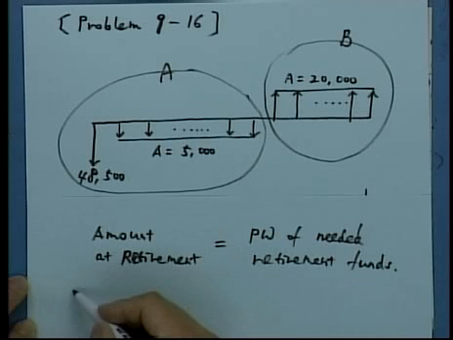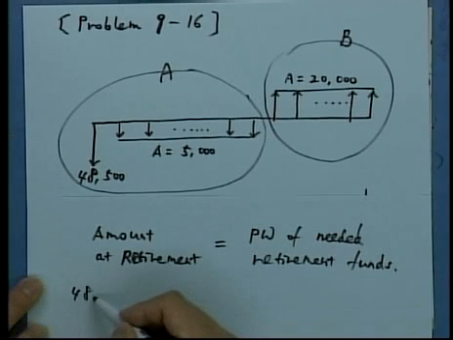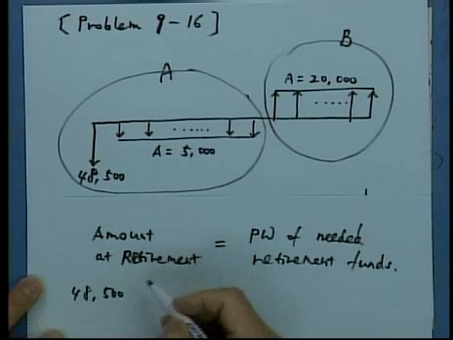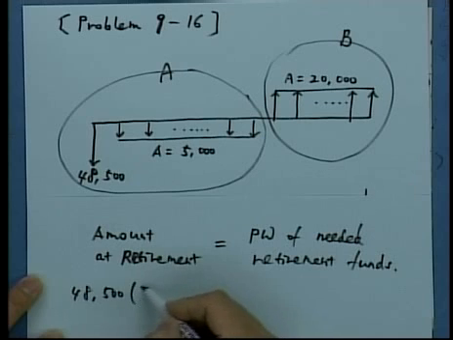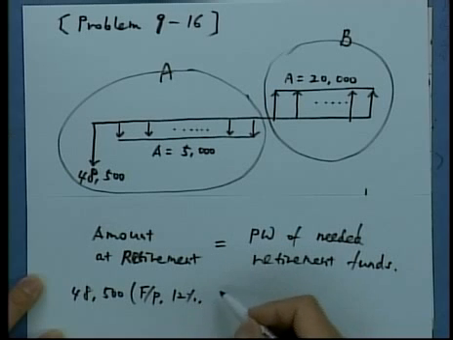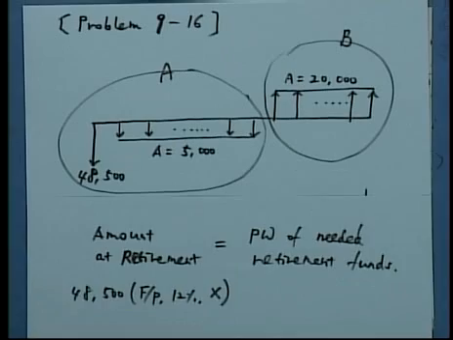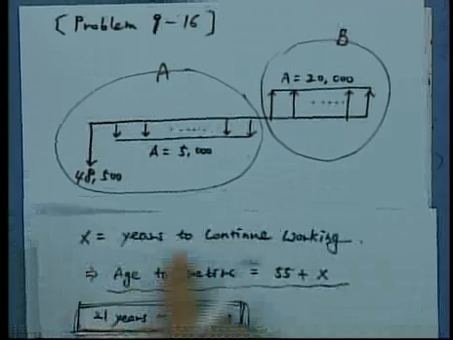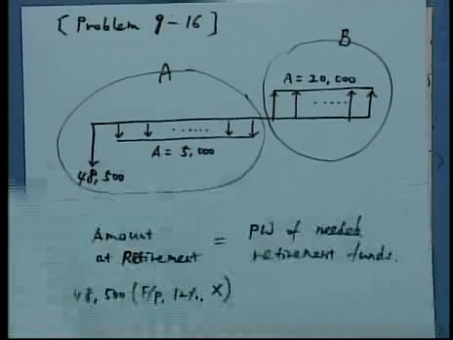It's going to be 48,500 times F given P, 12% over the next X years, because X is the years to continue working.